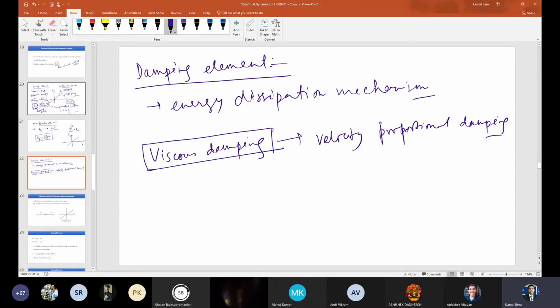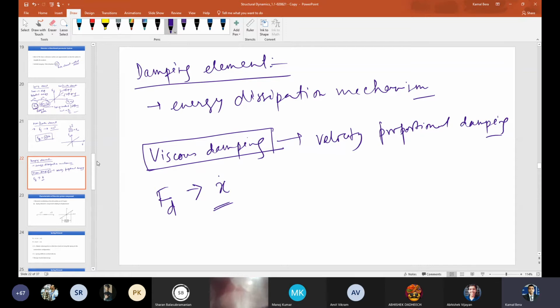You see the two things we have done: the spring relates the force with the displacement, and the mass or inertia element relates the force with the acceleration. Now the damping force FD relates the force with the relative velocity.